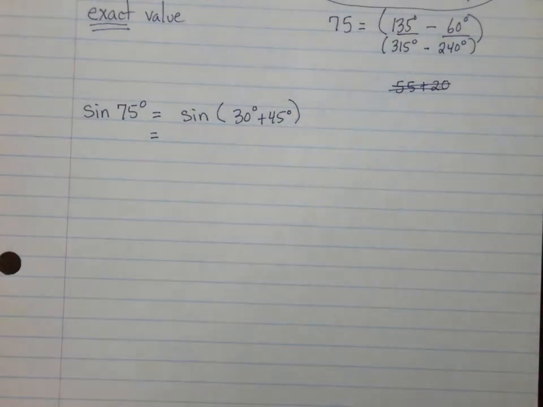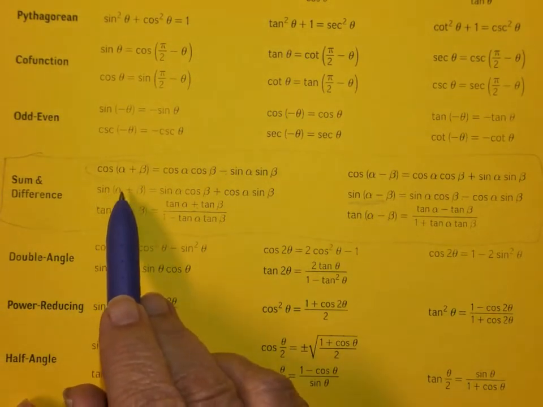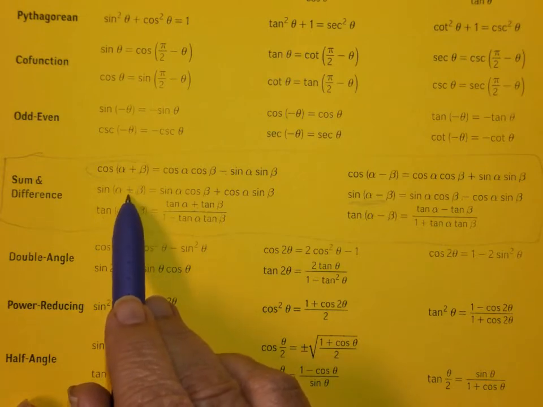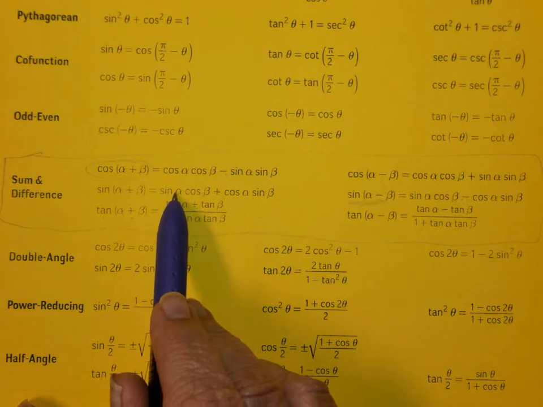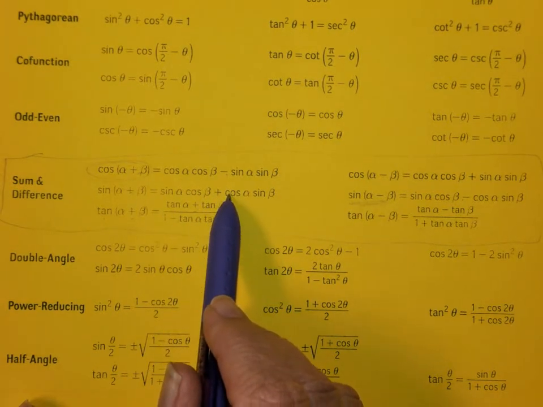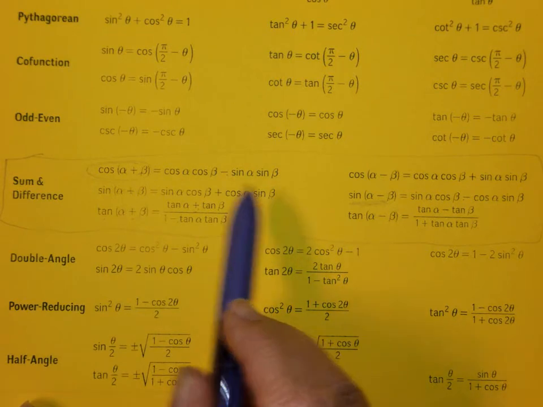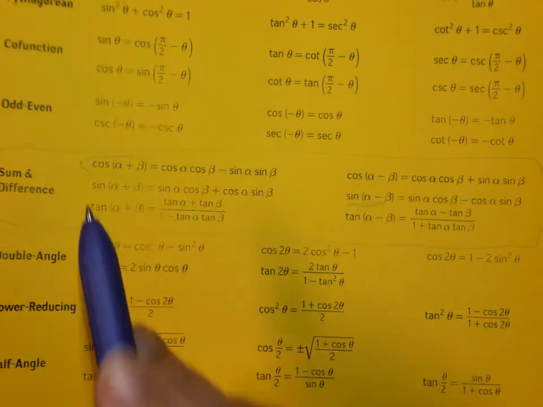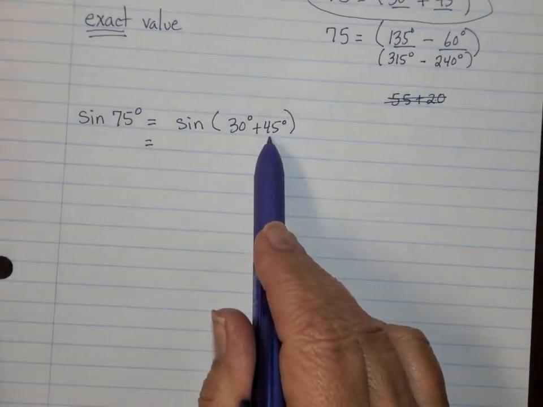Alright, so I'm going to look at my formula chart and look for the sine that is the sum of two angles. And it says sine of first angle multiplied by cosine of second angle plus cosine of first angle multiplied by sine of second angle. So in this case, my alpha is 30 and my beta is 45.